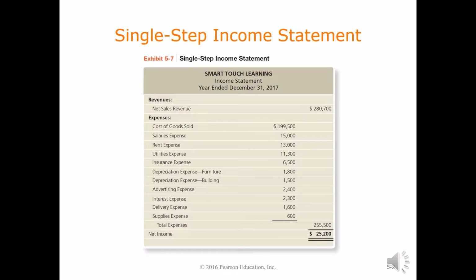At this point, you're probably pretty comfortable with the income statements that we've been preparing. Remember that the income statements have the profit equation in them. That's revenue minus expenses equals net income. Now that we've started merchandise accounting, we're going to expand our income statement from this single-step income statement into a multi-step income statement.